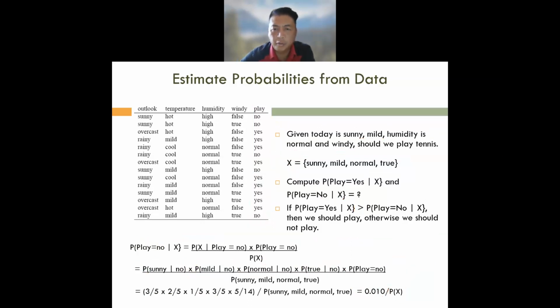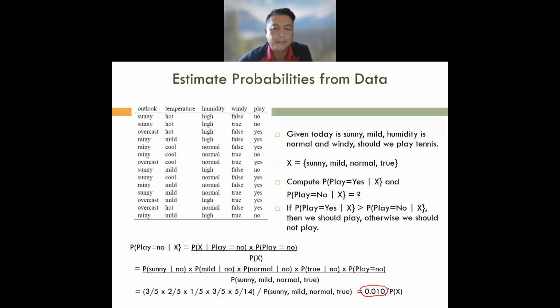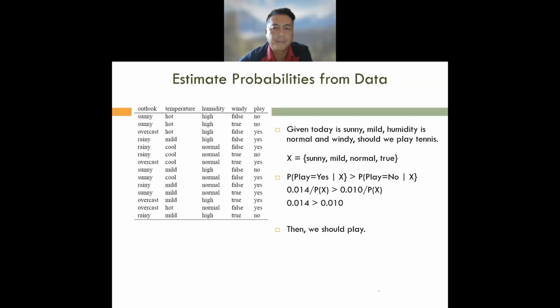If we compute for the no, the value is 0.010. So it means that this one, we play, because we have higher probability. Okay, so this is how we conclude, this is how we classify.